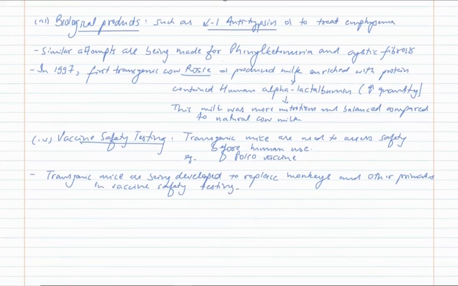The next use is chemical safety testing. Before introducing any chemical for human use, we can use transgenic animals to test these chemicals. It is also known as toxicity testing or safety testing.